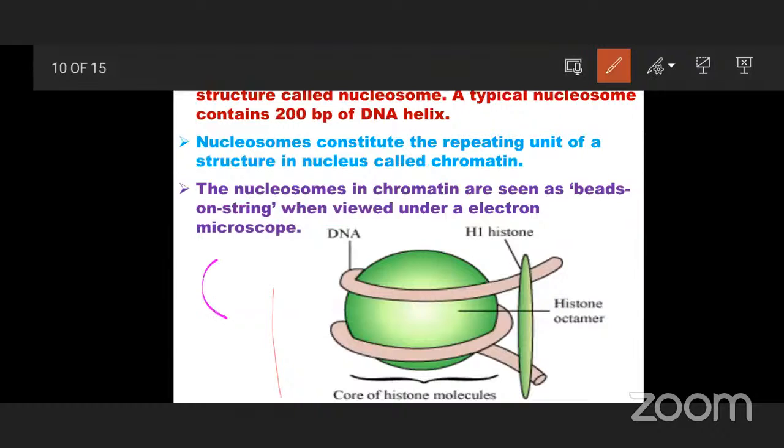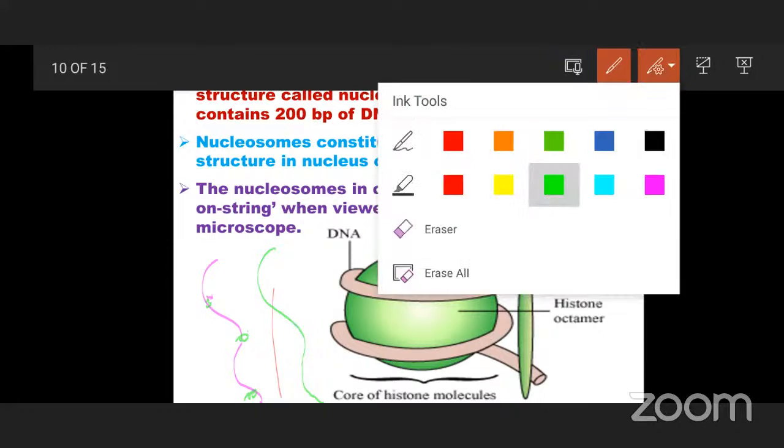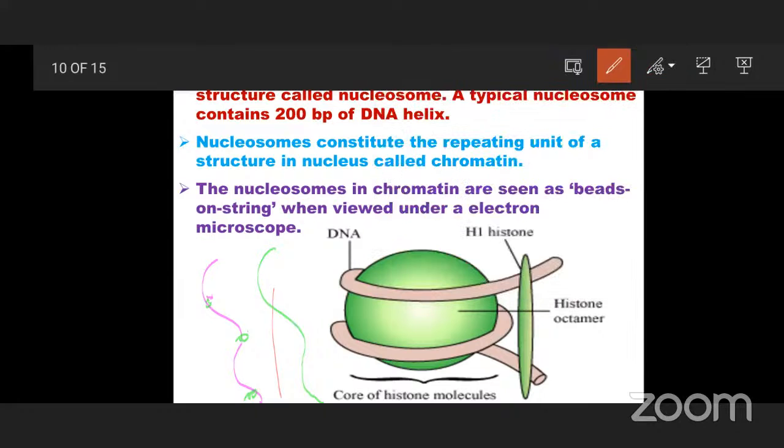So when we observe the chromatin, some bead-like structures are there. This is the chromatin, nothing but thread-like structures, nothing but chromosomes.